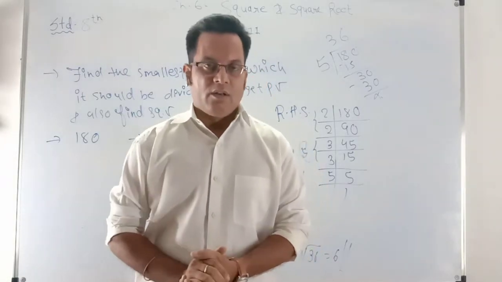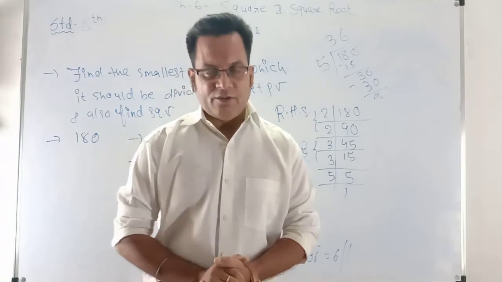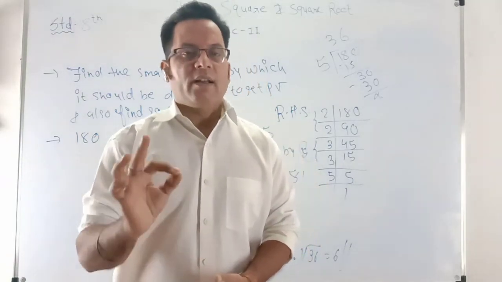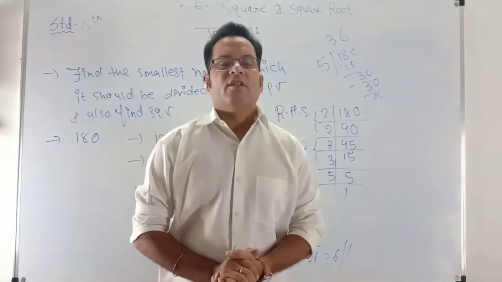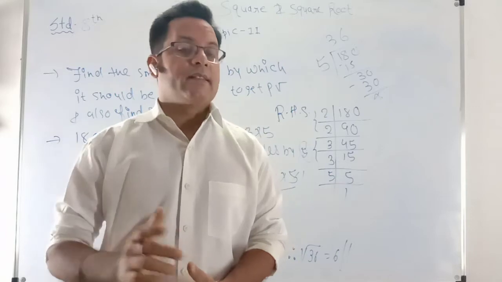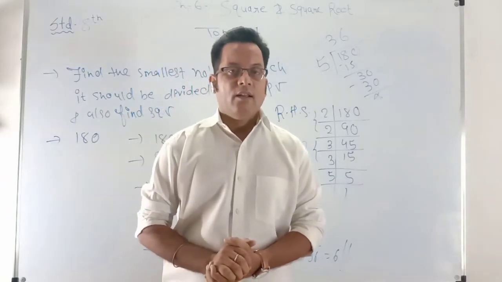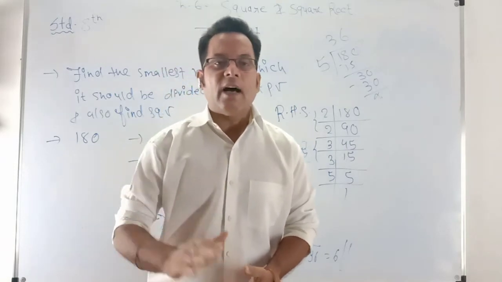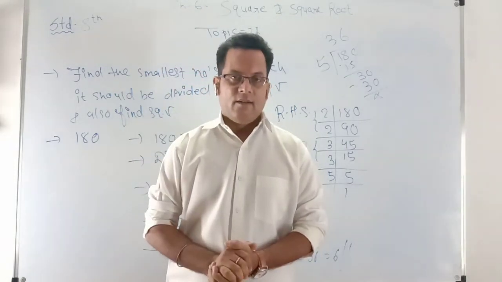If the given number is the square of an integer, that is a perfect square. Suppose 16, so 16 is 4 square. 144 is 12 square. So these are perfect squares, right?